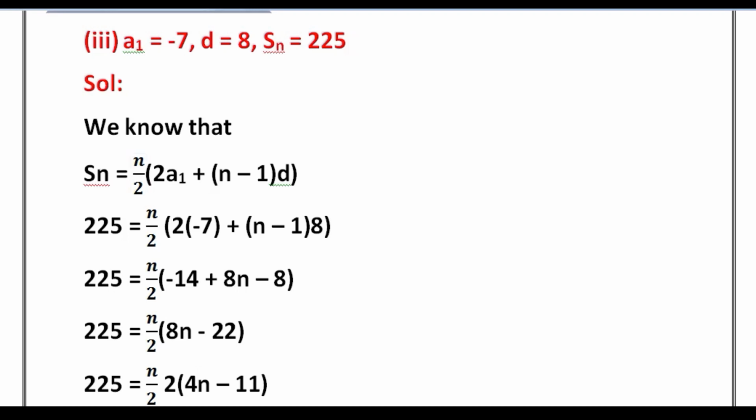So Sn is equal to 225, which is equal to n divided by 2 into (2 times a1, where the value of a1 is minus 7, plus (n minus 1) into d, where the value of d is 8). 225 is equal to n divided by 2 into (2 times minus 7, which is minus 14, plus 8 multiplied by (n minus 1)). 225 is equal to n divided by 2 into (minus 14 plus 8n minus 8). So minus 14 minus 8 is equal to minus 22, plus 8n.